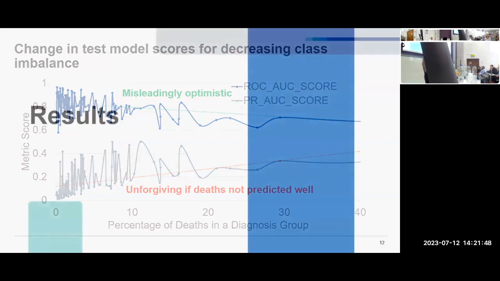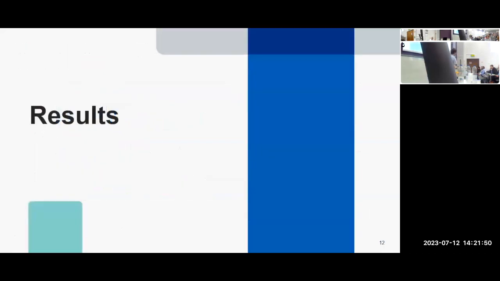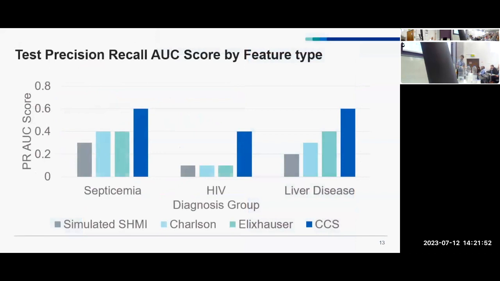So, results, what you're interested in. Just some context: I grouped together the different models, so the regression and the XGBoost, into one bar each because the results are pretty much similar. Simulated SHINI is my Python implementation of SHINI, because at the time of doing it, SHINI was still running in Stata.